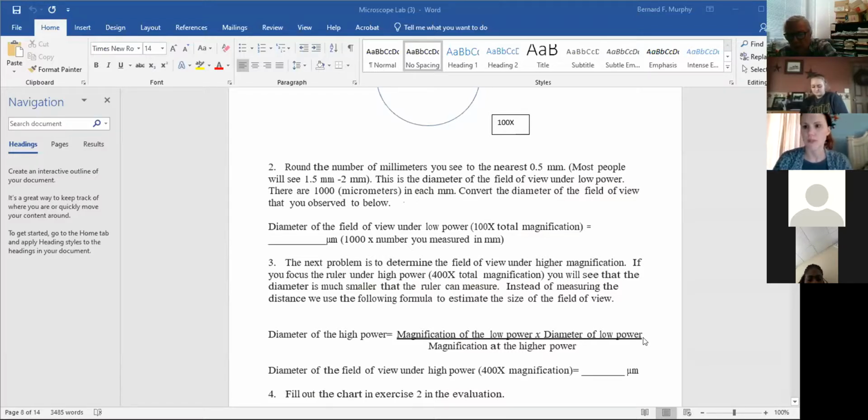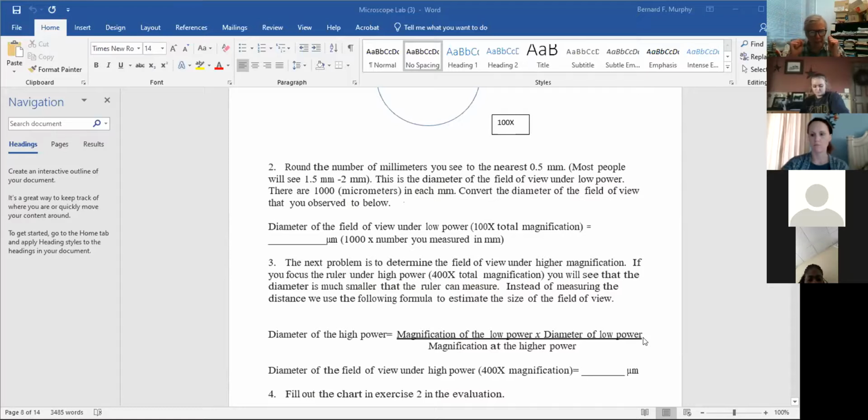So like I say, you multiply the magnification of the objective times its diameter field of view, it's always the same. So you measure it for the low power, and you divide that by the magnification at the higher power, 40. So it'd be 20,000 divided by 40, which turns out to be like 2,000 divided by 4, which is 500.